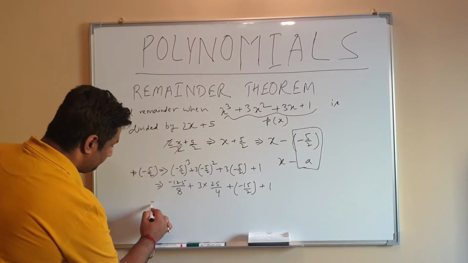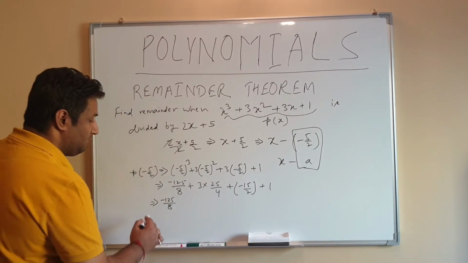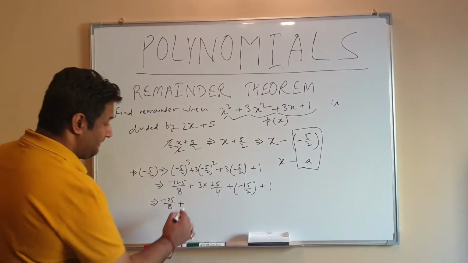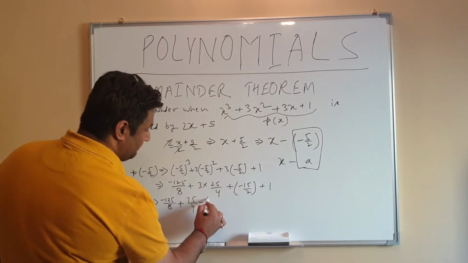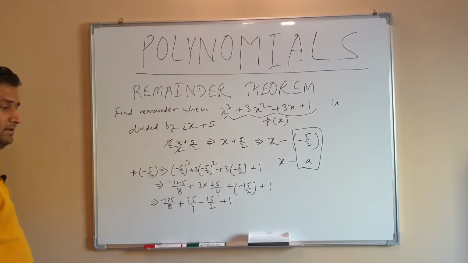Okay. So we have negative 125 over 8 plus 3 times 25, which is 75 by 4, minus 15 by 2 plus 1, right?